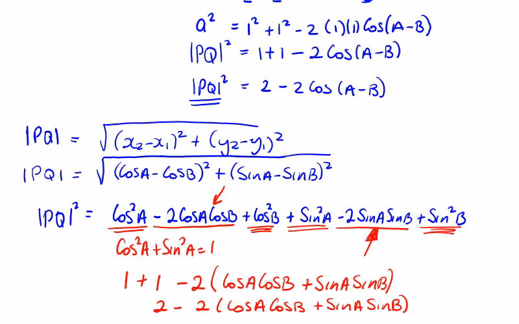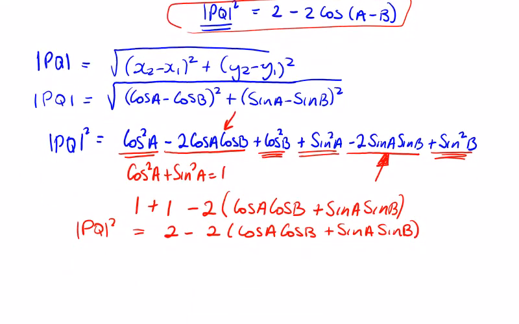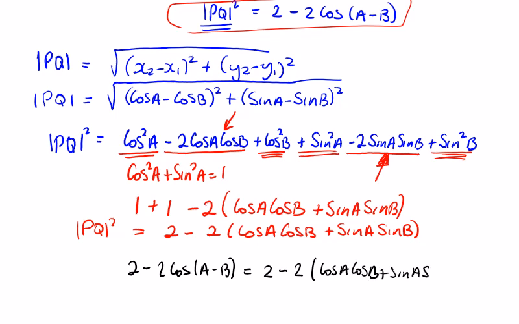And if we can equate these two things, we have PQ squared here and we have PQ squared down here. So let's equate these two things and say that 2 minus 2 cos(A minus B) is equal to 2 minus 2 (cos A cos B plus sine A sine B).